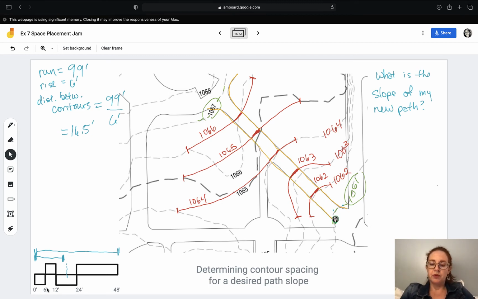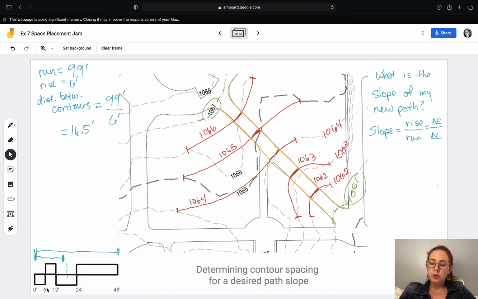So what's the slope of it? So we know our slope equation. Slope is equal to rise over run. And I also call this delta E, change in elevation over change in length, delta L. You use whichever one you want.